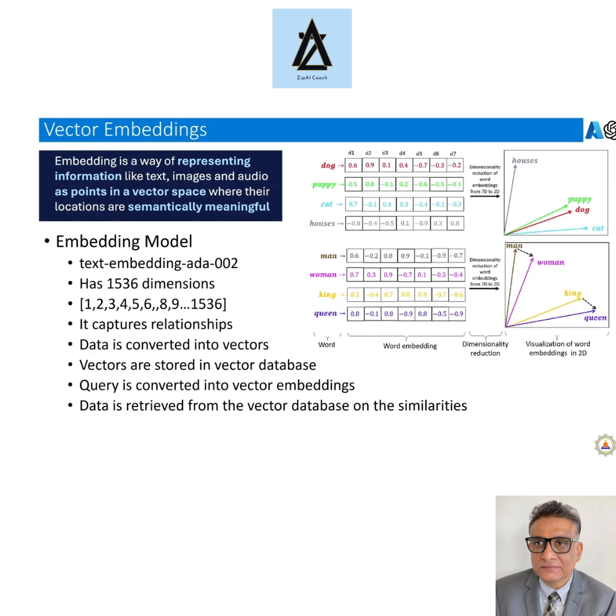Embedding is a way where you represent the information, it could be of any type or modality, in the vector space. Think of it that you have a body of text or a corpus.